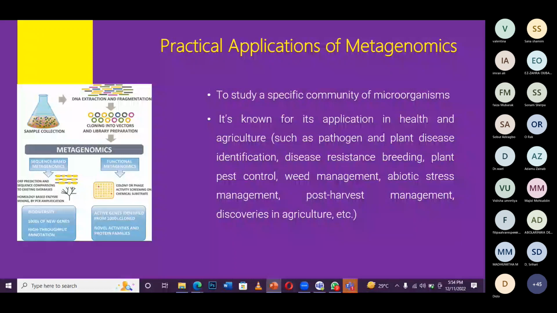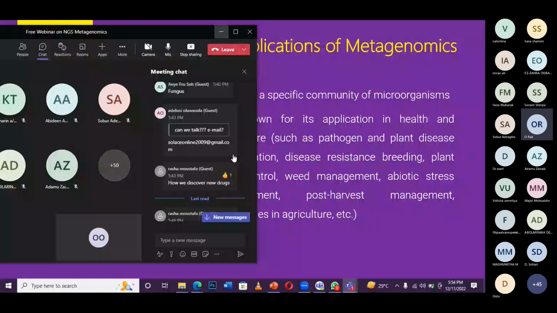And do you even know that metagenomics is also used in the oil industry? If you know, can you drop a yes in the chat room? Metagenomics is also used in the oil industry to investigate the microbes found on oil sites. I don't think anybody knows.